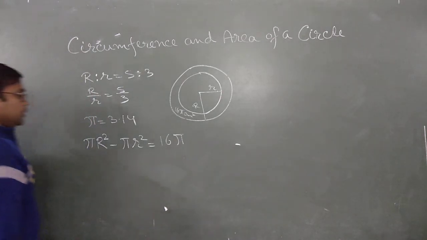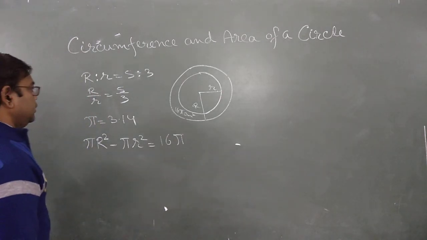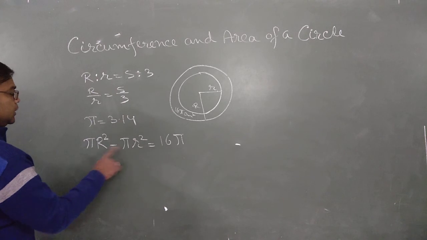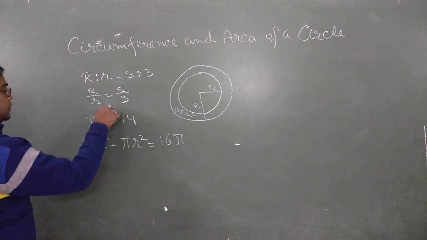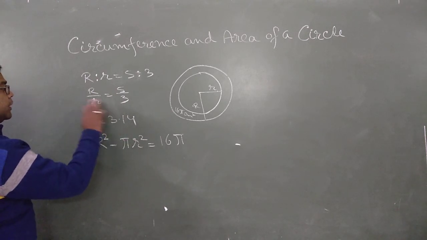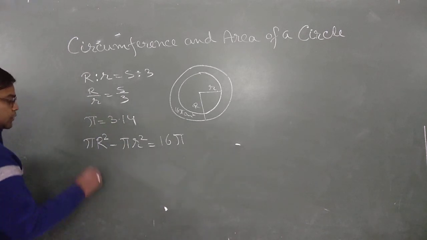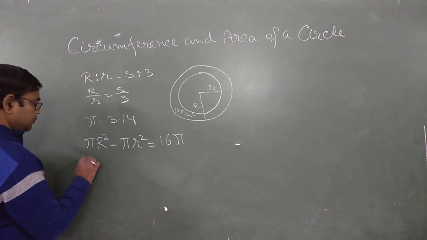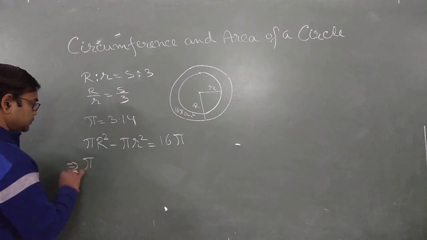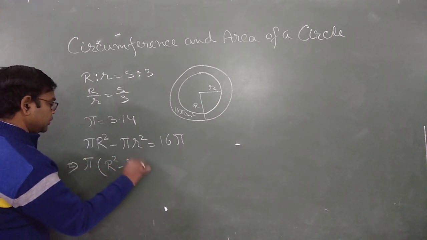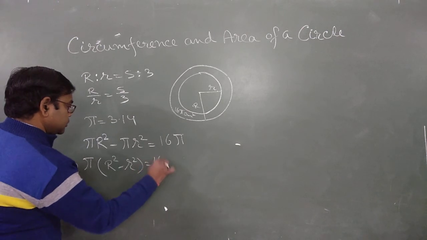Clear? And we also know the relationship between this r and this R is this one. Means from here we can express each r by using another. So we take pi common. It's R square minus small r square equals 16 pi.